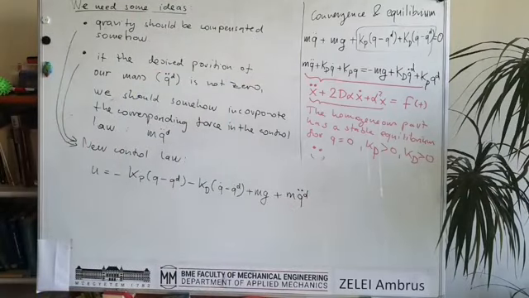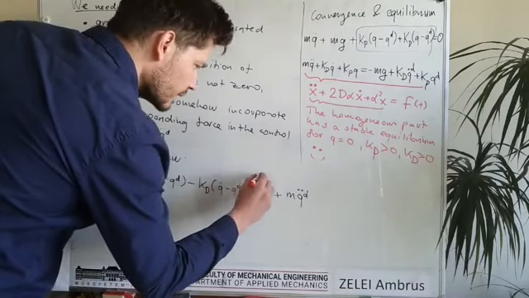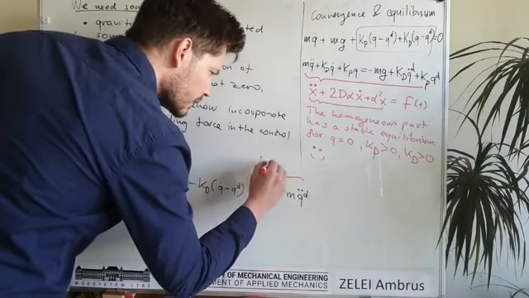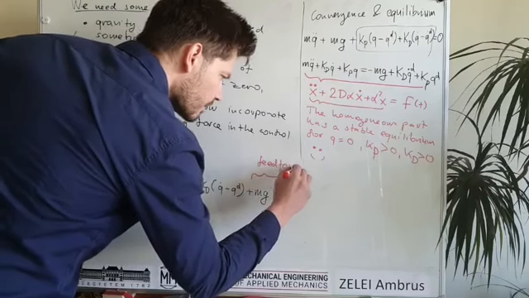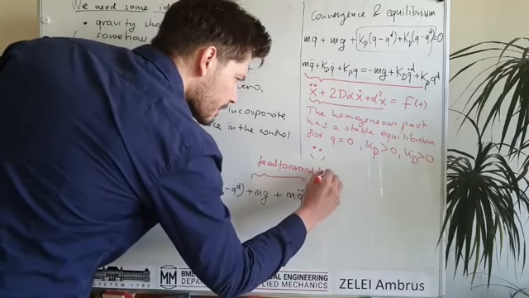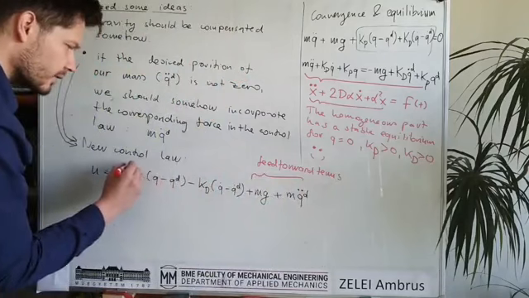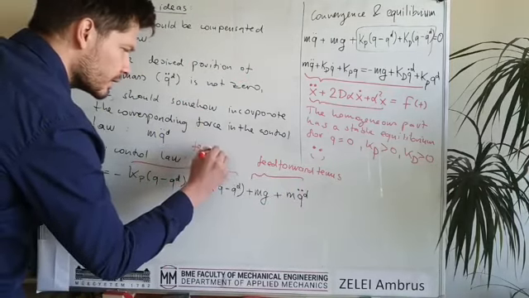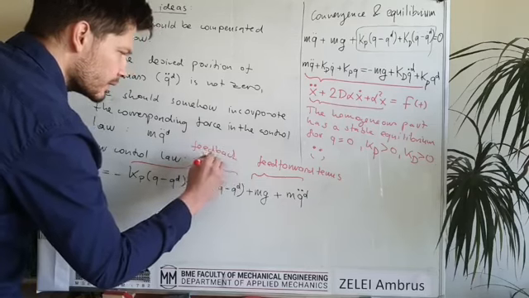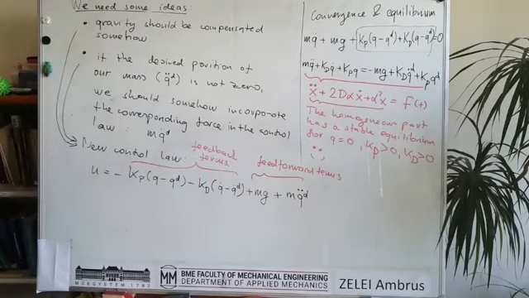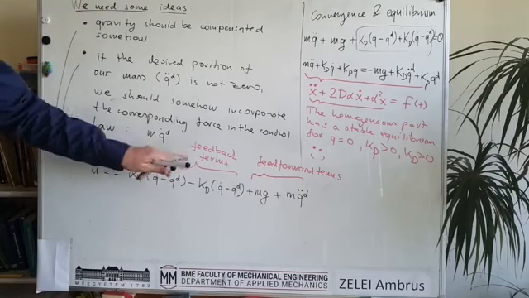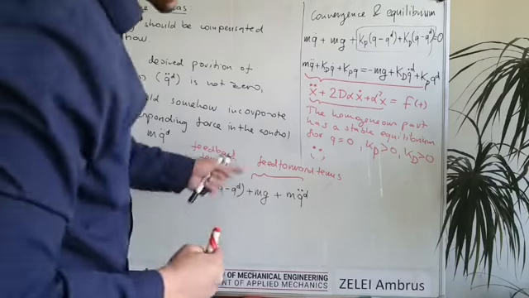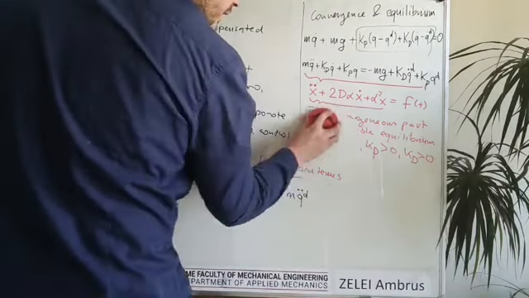Okay, so these two terms are the so-called feed-forward terms. And these are the so-called feedback terms. And this will be the idea of the so-called inverse dynamics controller, or feed-forward controller, sorry.